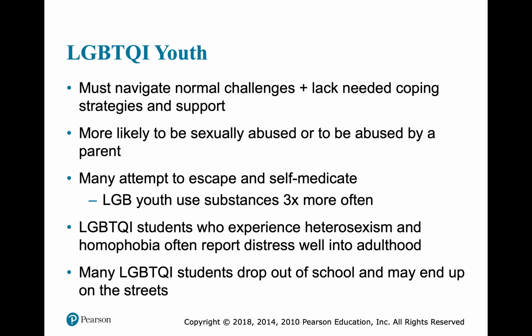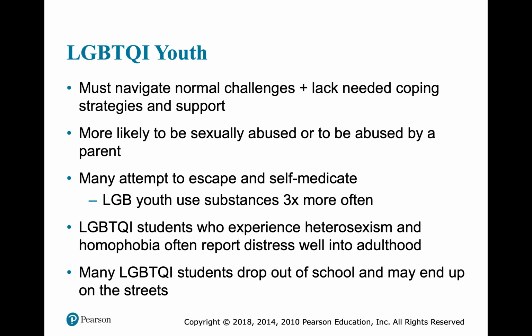We're social animals, we're social creatures. And that can be a really good buffer for resilience. So individuals who are LGBTQI, the research shows, tend to lack that support. And they tend to lack it with teachers, with family, friends, appropriate role models, that kind of thing. Just a lack of social support altogether.